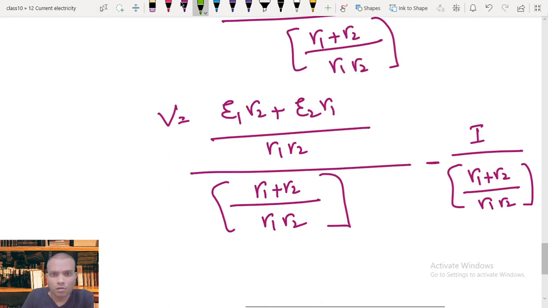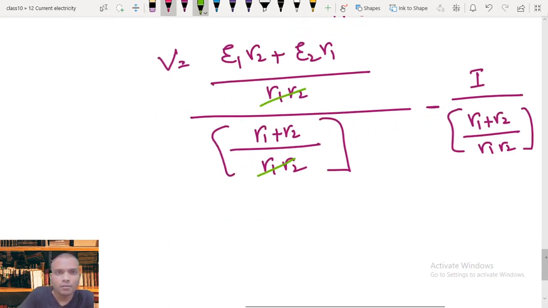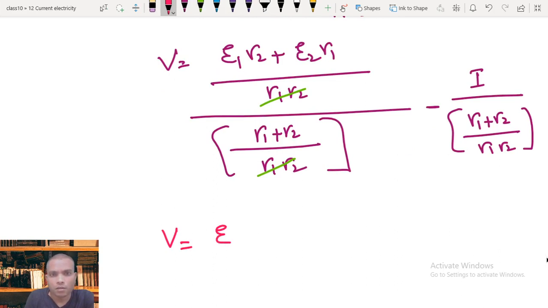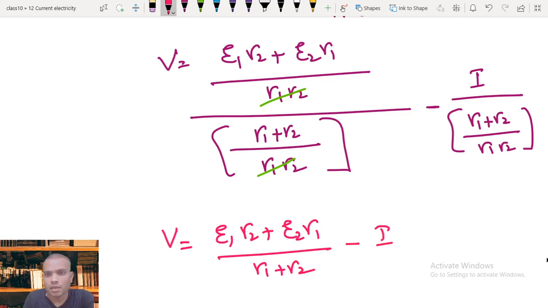Now we eliminate the common factor in the denominator, R1 R2 gets cancelled, and finally we write the expression V equals E1 R2 plus E2 R1 upon R1 plus R2, minus I times R1 R2 upon R1 plus R2.